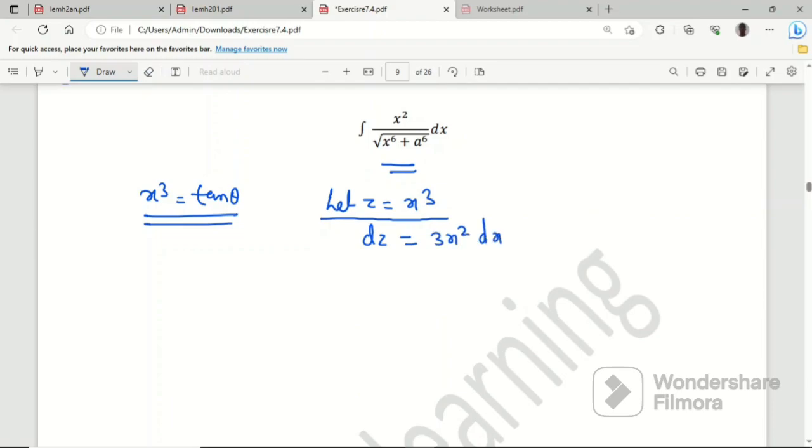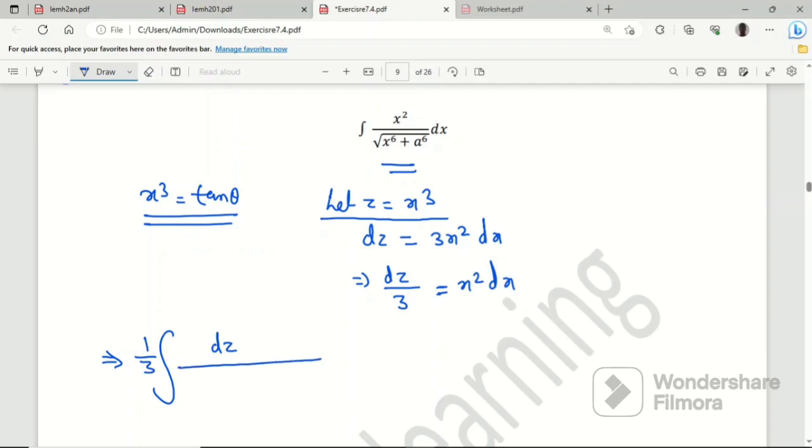I don't need 3 in the numerator, so I will transpose 3 to the LHS. So it will give me dz upon 3 x square dx. So I'll get x square dx as dz, I'm sending 1 by 3 outside.